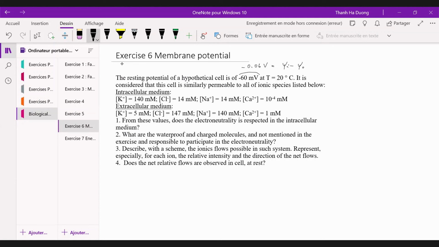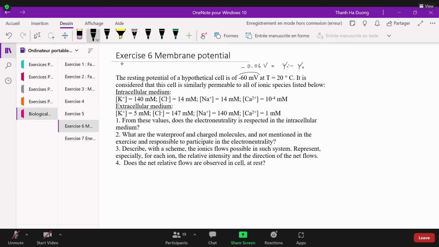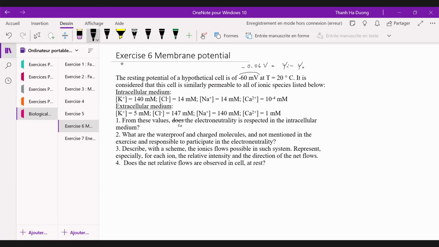And you have to, sorry, is the neutrality respected? So if we measure the concentration of ions in the intracellular medium, you can see that the electron neutrality is not respected, okay?